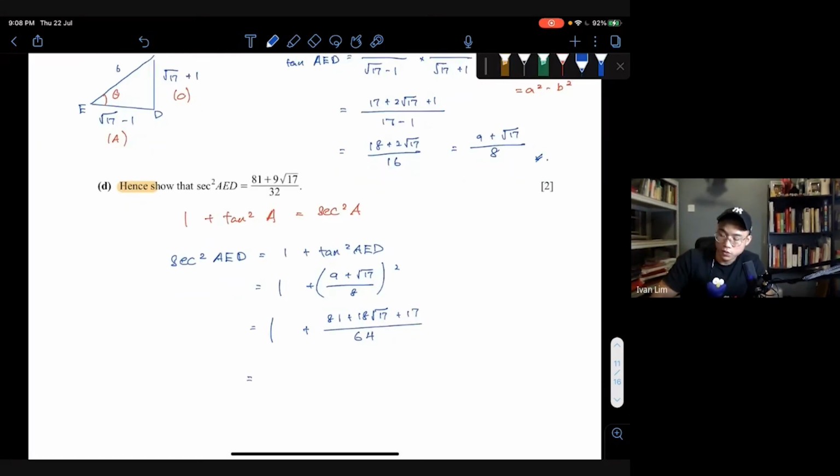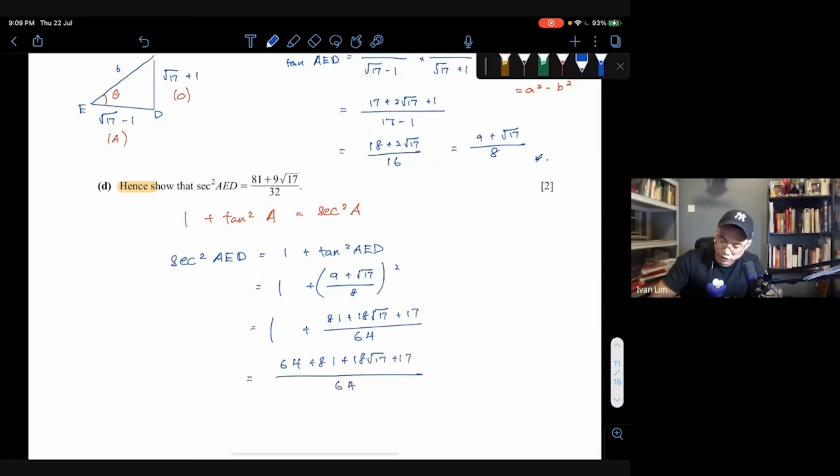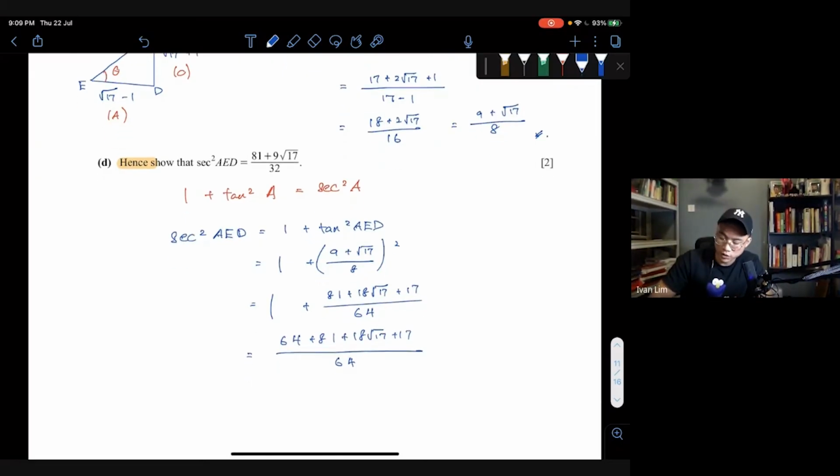We want to make it into one fraction only, so we add it up: 64 plus 81 plus 18 root 17 plus 17 over 64. 64 plus 81 plus 17, you'll get 162 plus 18 root 17 over 64.